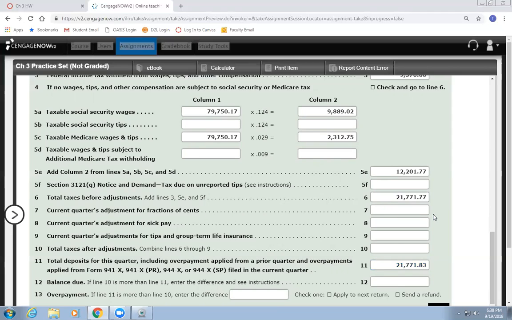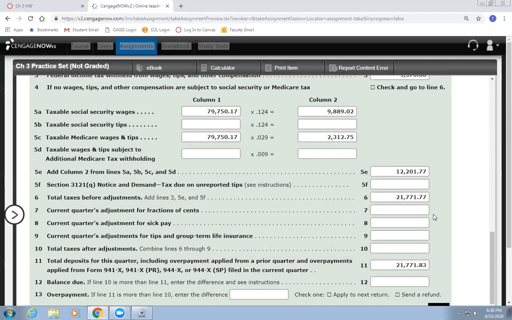As you can see, those two numbers, line 6 and line 11, are off by 6 cents. As you saw when we were going through these problems, sometimes that's just due to rounding, because when we add up total wages, the rounding gets off just a little bit.